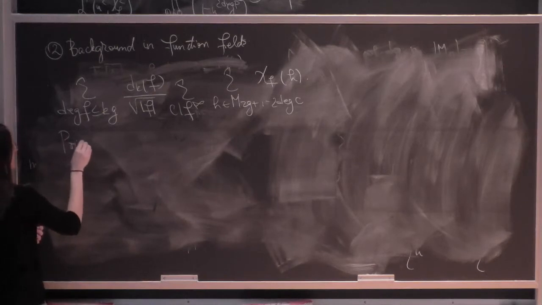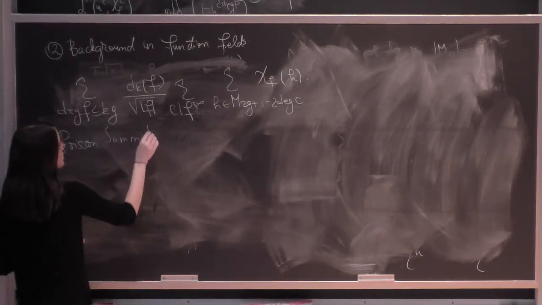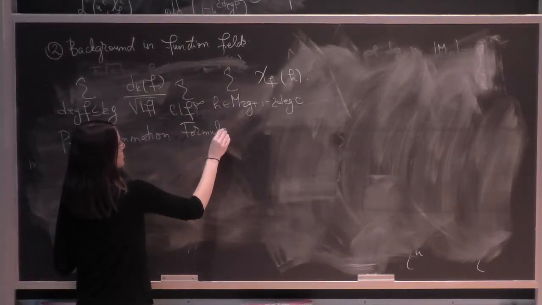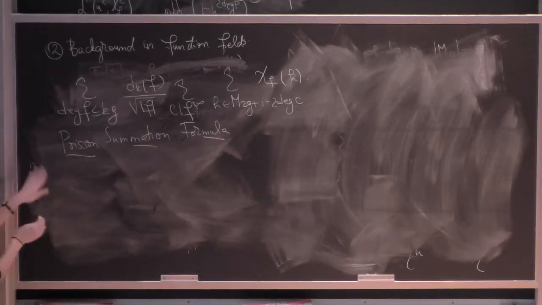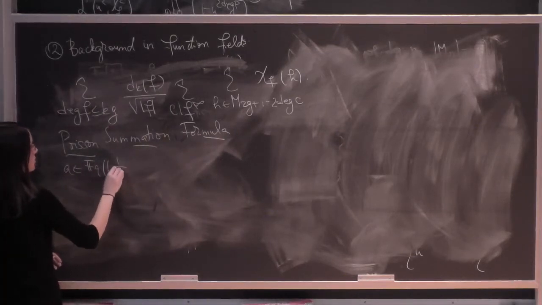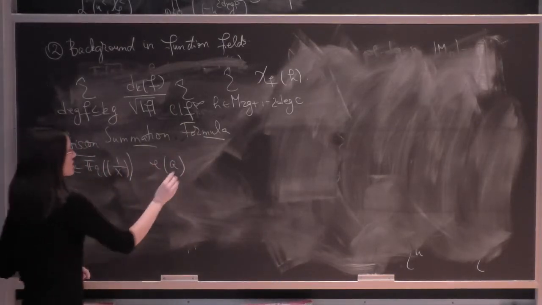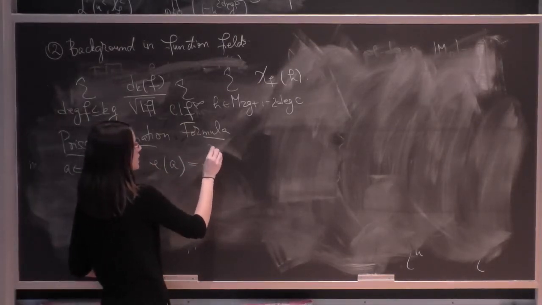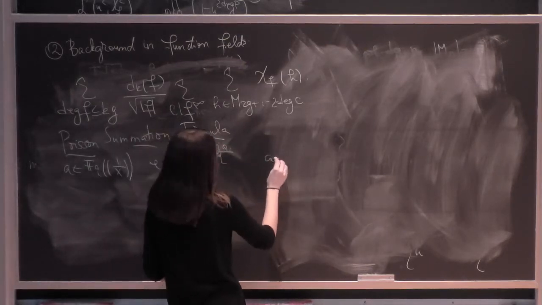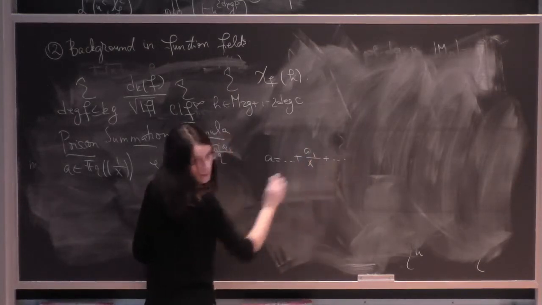So let me describe the Poisson summation formula in this context. For a Laurent series with coefficients in F_q, the exponential was defined by David Hayes, and this is just e to the 2 pi i a_1 over q, where a_1 is the coefficient of 1 over x in the expansion of a.